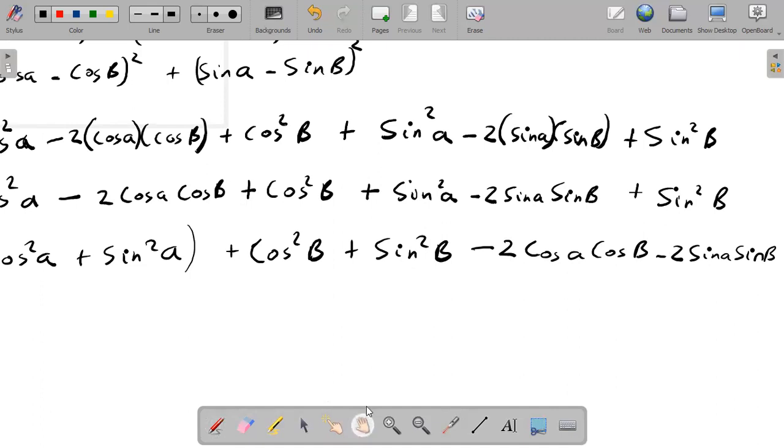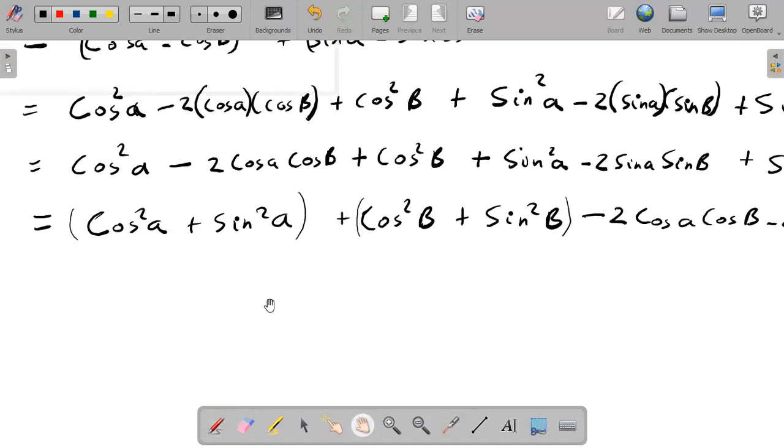However, these two that we are having, this one and this one, are the square identities. So cos squared alpha plus sine squared alpha is actually equal to 1. Plus, the same applies, cos squared beta plus sine squared beta is also going to give us a 1.